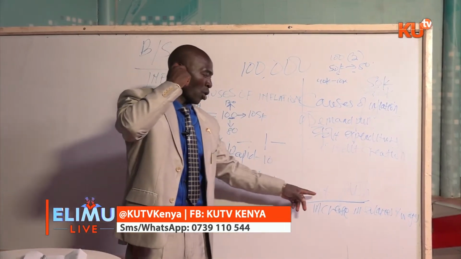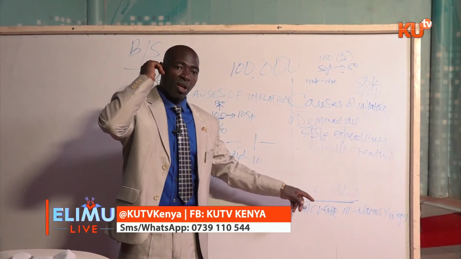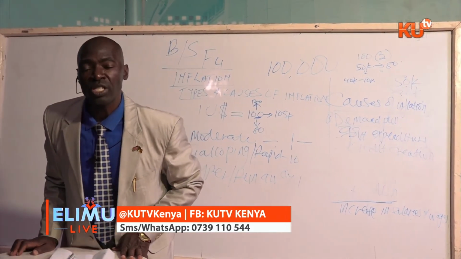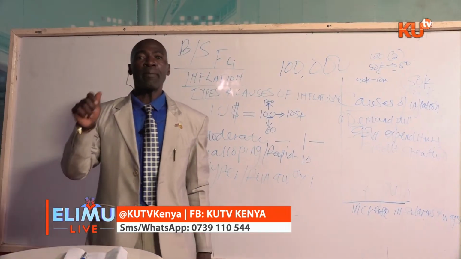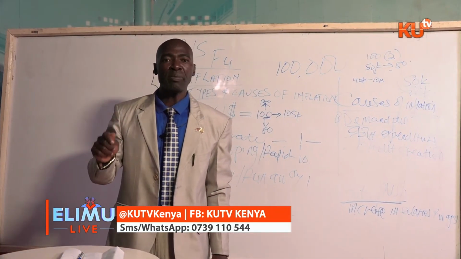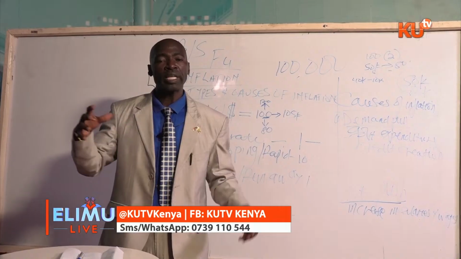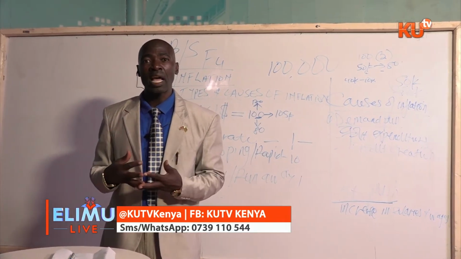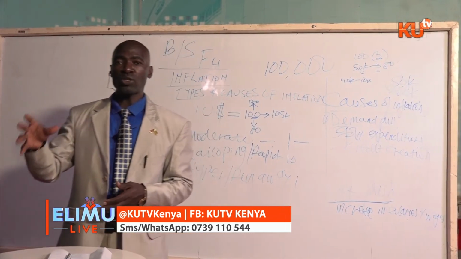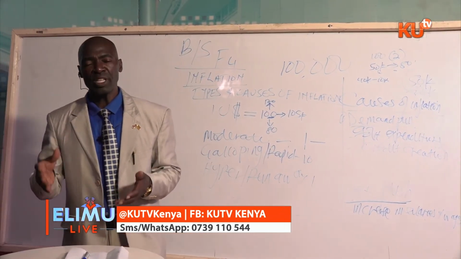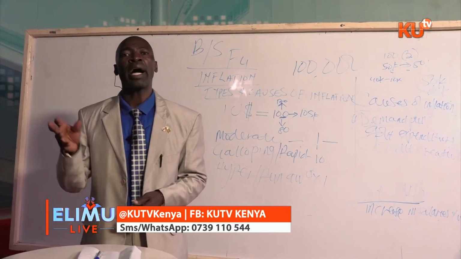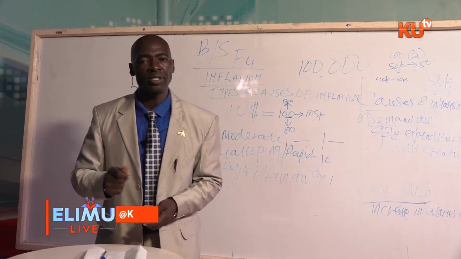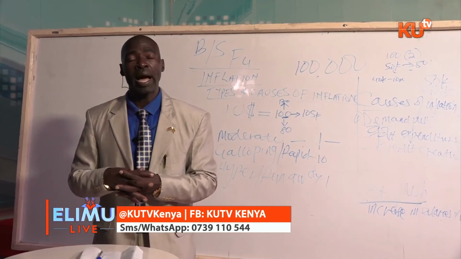So if the cost of production of these goods and services rises, it will make the producer increase the price so that he maximizes the profits and also gets back the cost of production. So when the cost of production is high, this means the prices of the products will be high. The cash at hand or in our pockets will be rendered valueless when the prices are so high.